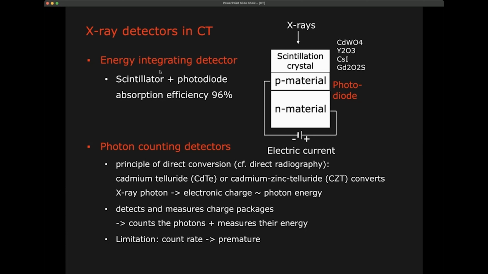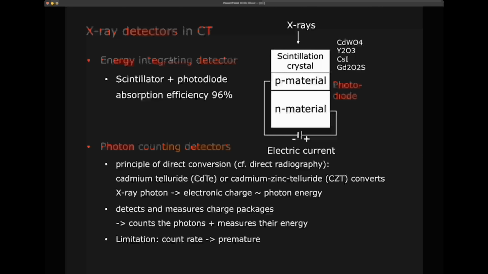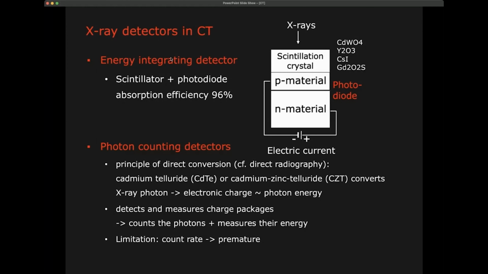But of course, what these do is they make no difference between which type of photons are coming in. So you can't detect individual photons, and you can't detect their energy either. And as we said before, you have a very wide range of different energies of the photons that are produced by a vacuum tube, an X-ray tube.